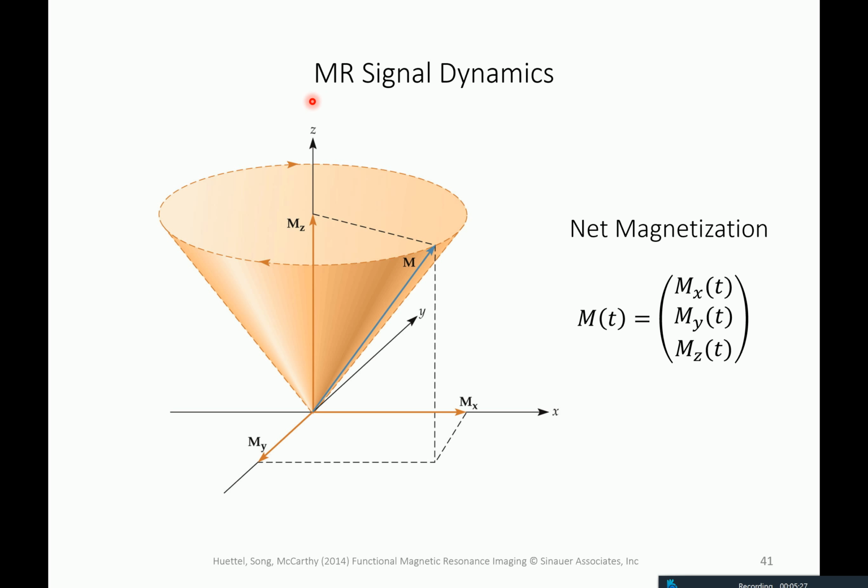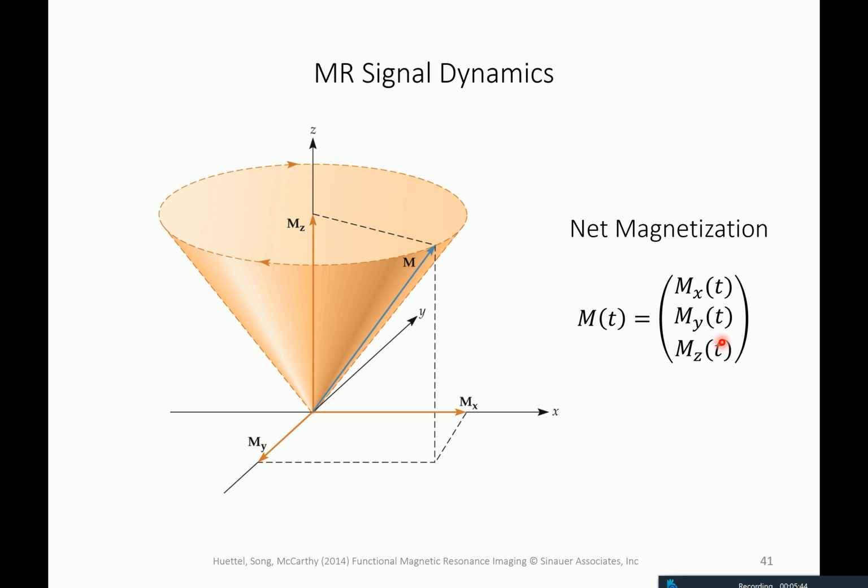But there are, of course, if you think that the net magnetization is doing this precession movement, as we've seen last time, this vector also has an x and a y component.